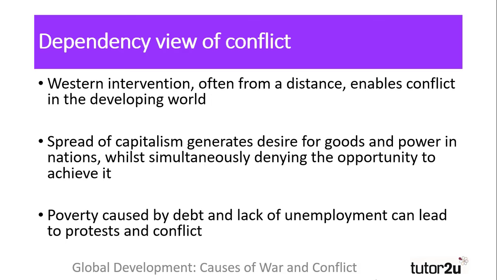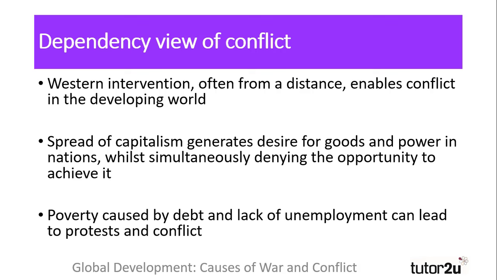Dependency theorists take a critical view of the role of the West in conflicts in the developing world, arguing that the intervention of Western nations enables conflict in the developing world to exist. They argue that the use of economic sanctions such as structural adjustment policies and the imposition of free trade both enable the spread of capitalism, which in turn generates a desire for material wealth and power, whilst simultaneously denying the majority of the population the very things it promises.